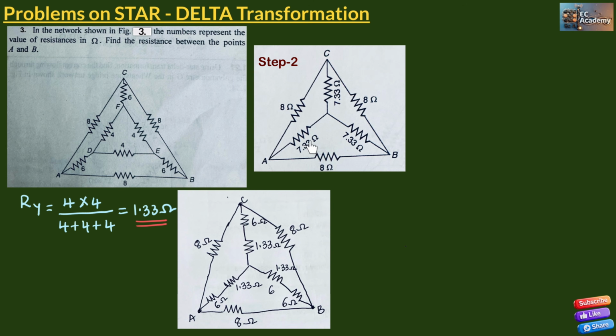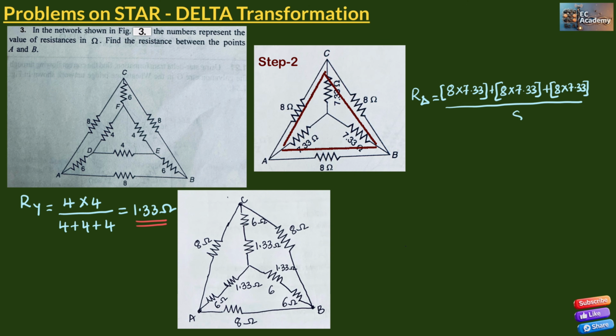Now this inner star network should be converted into the delta network. So we can use the formula R delta is equal to (8 × 7.33 + 8 × 7.33 + 8 × 7.33) divided by 8 ohm.